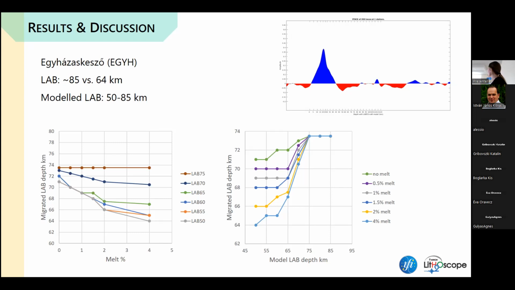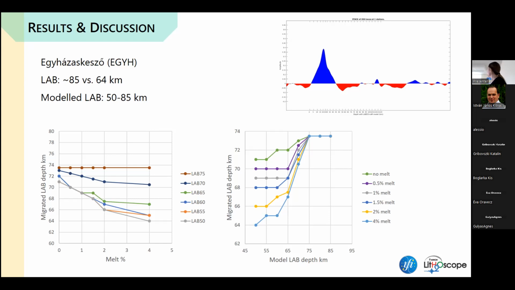This is because this model LAB depth is probably beyond the depth for the chosen LAB value on the receiver function. So we can safely say that this is likely a maximum LAB depth for this station.